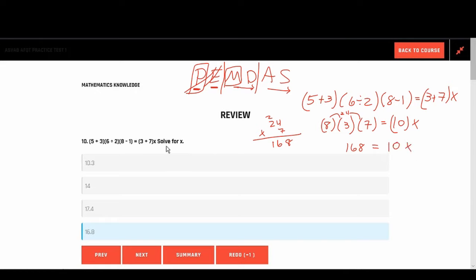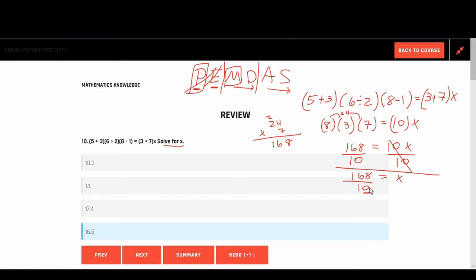Now we're trying to solve for x as it tells us here. So I'm going to divide both sides by 10 as my next step. This crosses out. I'm left with x equals 168 divided by 10. Whenever you're given something to divide by 10, 100, 1,000, or any number that ends with 0 or is a power of 10, you should be able to do it in your head because, as I've explained in most of my videos, when you're doing division by 10, 100, 1,000, a million, and so on, you shift the decimal place to the left however many times there's a 0 in this number.